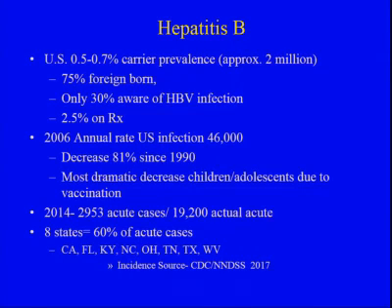The majority of individuals with hepatitis B currently in the United States are foreign-born. Only about a third are aware that they have hepatitis B, and only 2.5% are on therapy for it. So in terms of the infection rate, there were 46,000 infections in 2006, which was already an 80% decrease from 1990. The current infection rates are 19,000 cases.